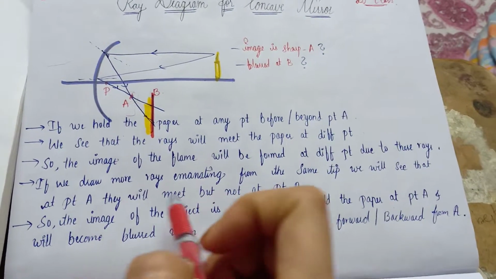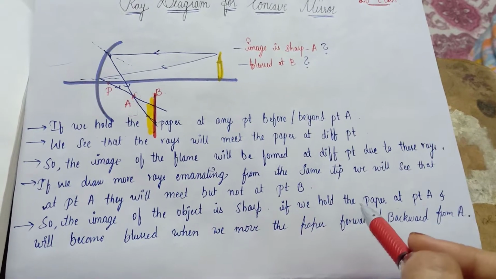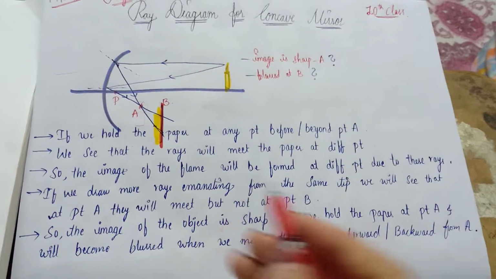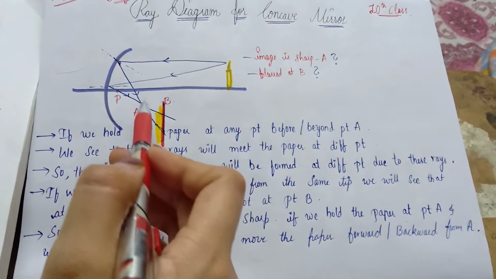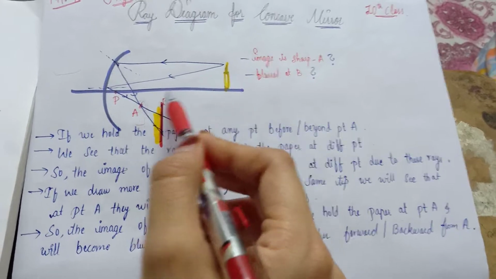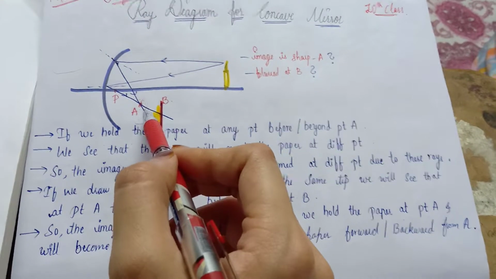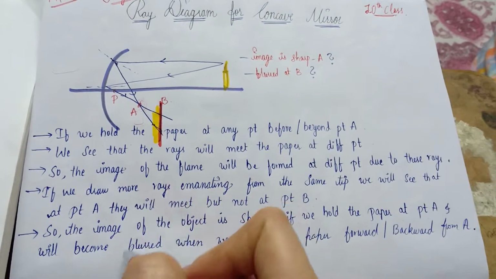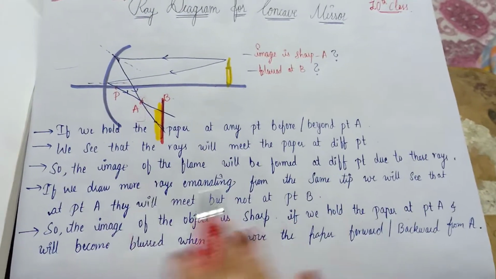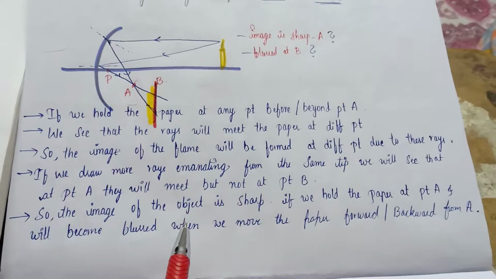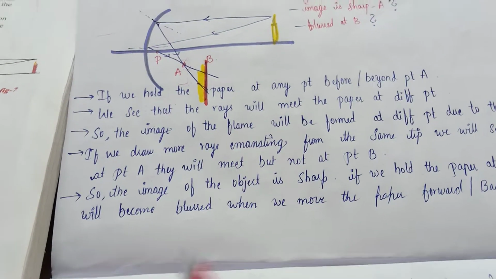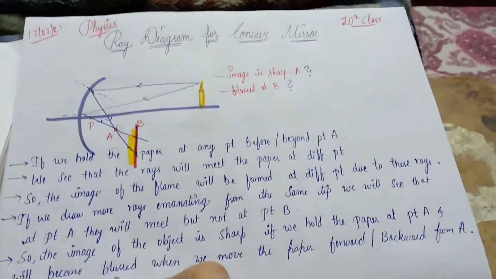When we hold a paper at point A, the object placed over here will be reflected over here. But at point B, that object will reflect, but it will be blurred. Why will the image at point B be blurred?